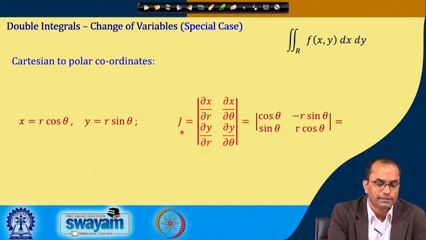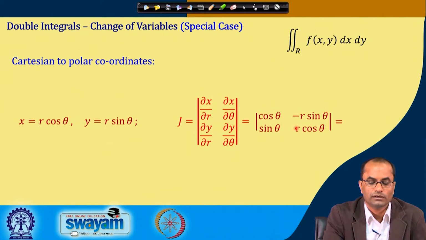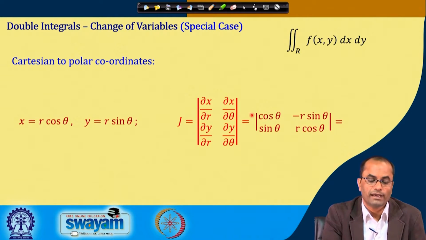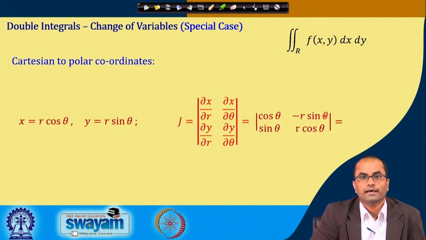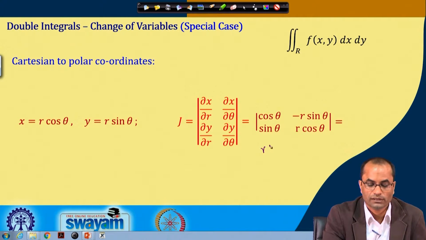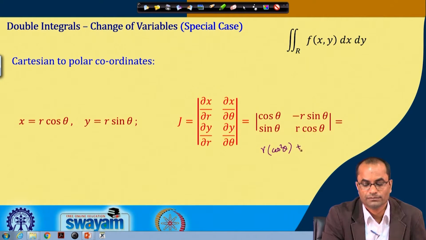Here del y over del r will become sin theta, and del y over del theta will become r cos theta. Now the value of this determinant will be r cos square theta plus r sin square theta, and when we take r common, minus minus plus, this is r cos square theta plus r sin square theta, which is nothing but r.